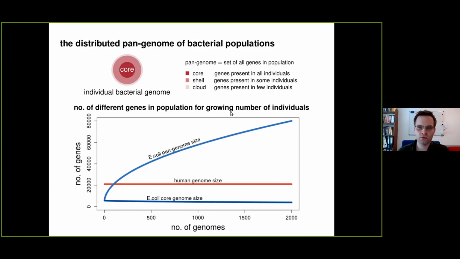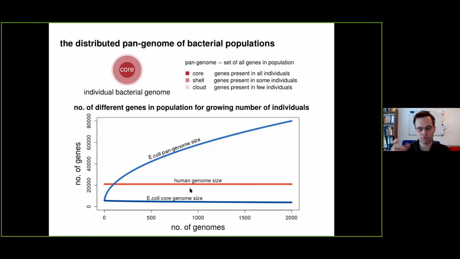And one thing we looked at, and which is really different from human evolution as well in bacteria, is the distributed pangenome of bacterial populations. So a pangenome describes the total set of all genes in the population. So here's a chart where if you sampled more and more human genomes, how many genes would you find? And for human genomes, that would just be a constant number.